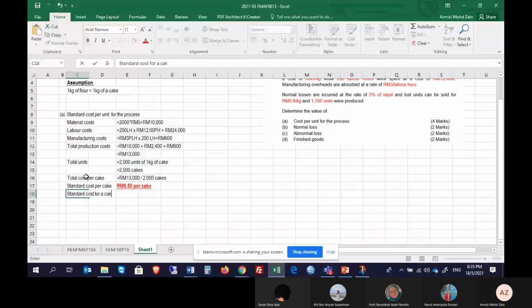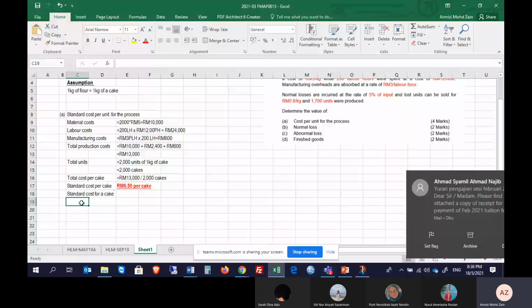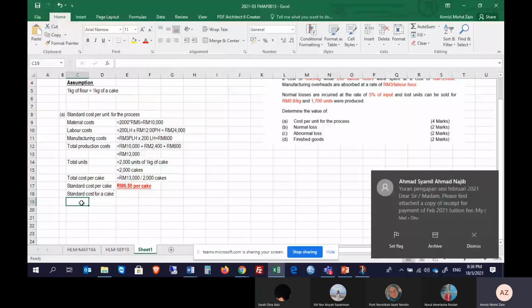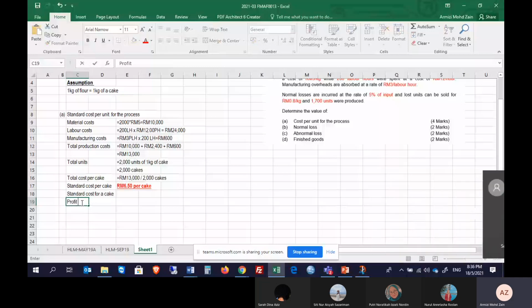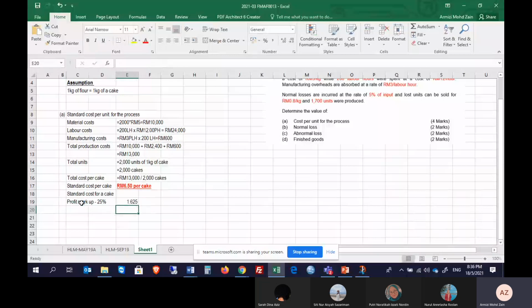Okay. If let's say example, dia kata dia ada profit markup. Okay, dia markup ya. Dia markup 25% profit tu. So dia akan jadi dekat sini equal to 25%. You akan 25% you times dengan, ataupun 25 per 100 you times dengan 6.50. So you markup ya.